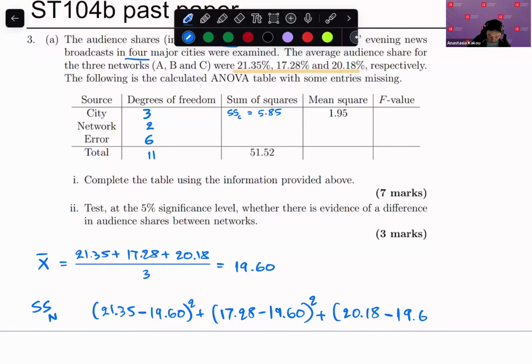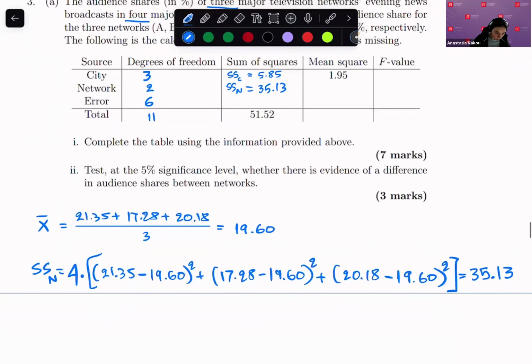All of this needs to be multiplied by the number of cities, which is 4. Multiplying by 4 will give you 13, so that will be the sum of squares for the network, 35, 13.